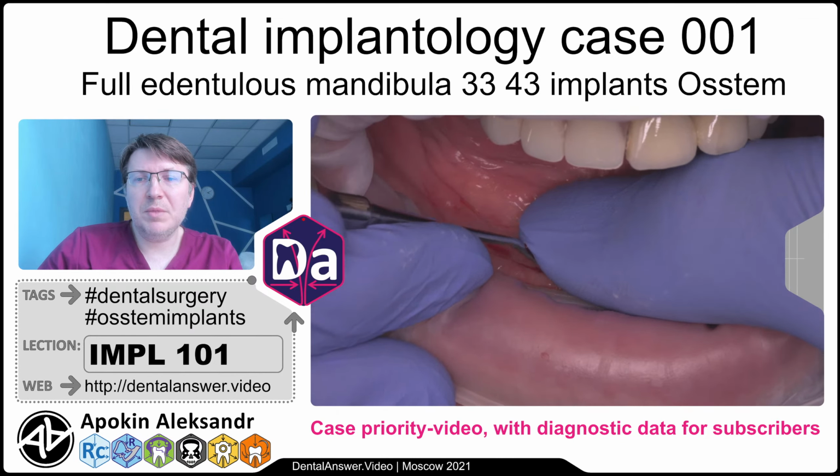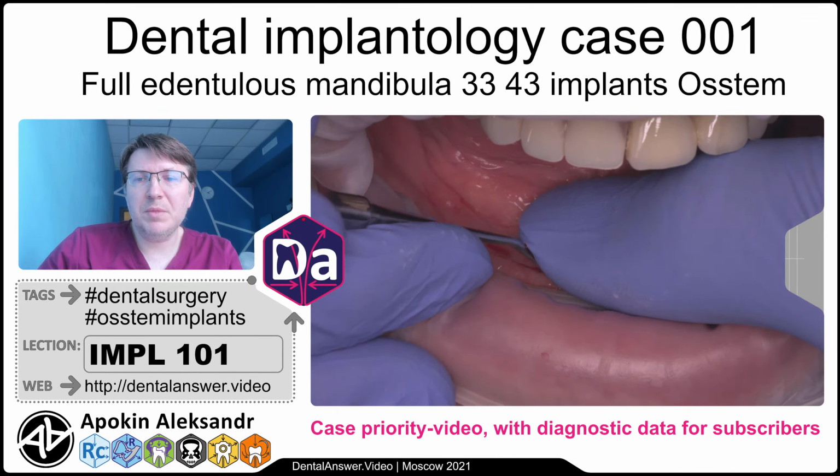With this very small elevator for gingival papillae, we open this very short incision and check that we reach the cortical bone, and then we plan to make a pilot drilling in these two areas.